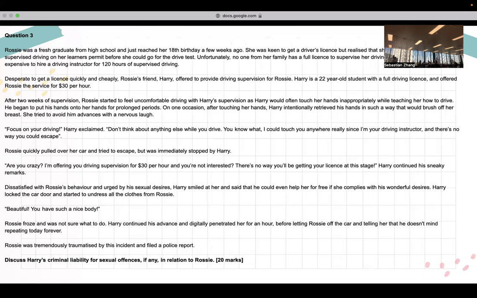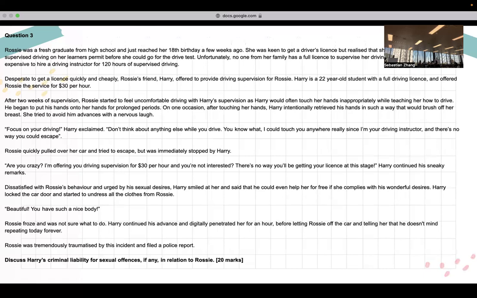Anyone? So Harry locked the car door and started to undress all the clothes from Rosie. That looks like a certain sort of physical force. Okay, they're all restraining under section 36(2).